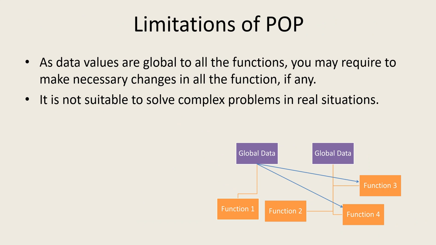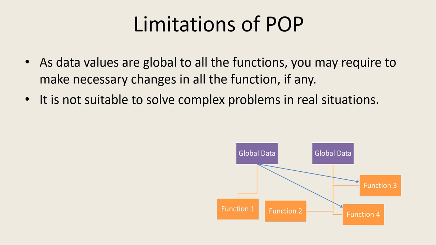Limitations of POP. As data values are global to all the functions, you may be required to make necessary changes in all the functions, if any. That is, since the data are globally declared, if you want to use the data in a function, you need to make some necessary changes in each function, so that you can use the data and it will not affect the original data.